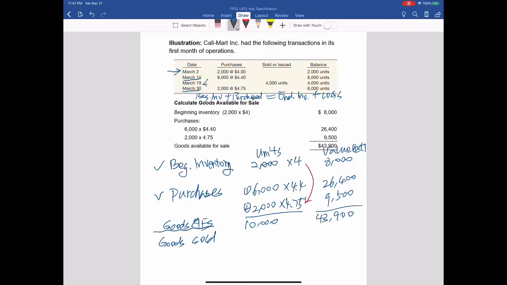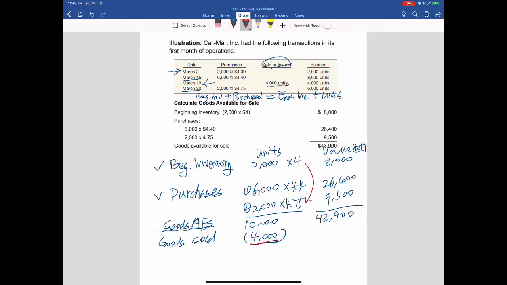There is one sale. The number of units sold is 4,000 units. The product price and number of units determine the revenue. But in this part, we just focus on the cost of goods sold and the ending balance of the inventory. So here we have one issue. We have 4,000 units sold. We have 10,000 available. And for the three purchases, the costs are different, right?